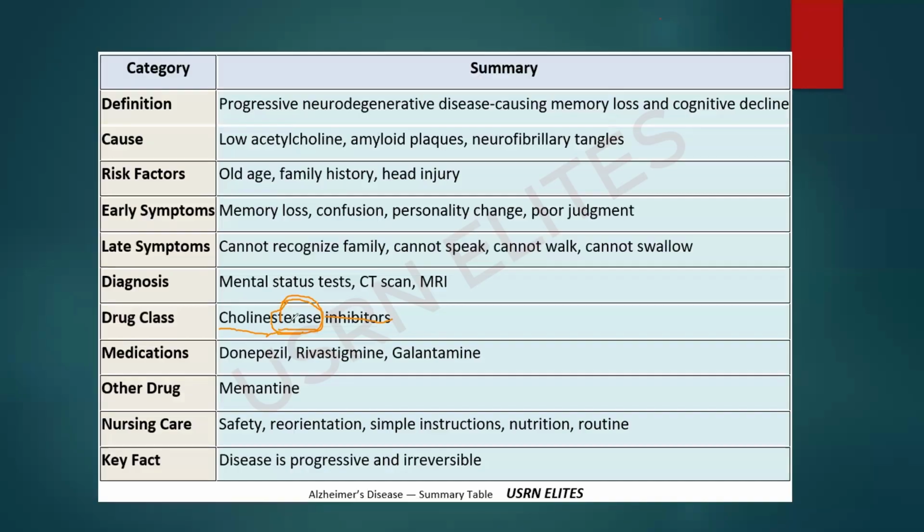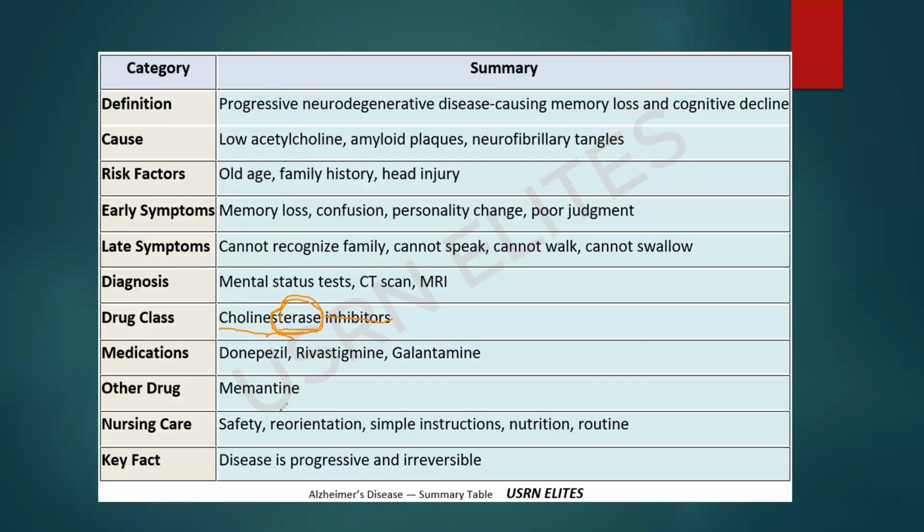So cholinesterase, what comes into your mind? When you hear cholinesterase, with the explanation I've just given, what should come into your mind? Who wants to try? Jacob: It's very simple.